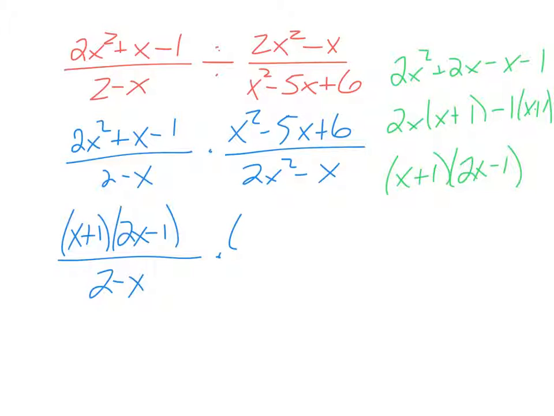Because they have to multiply to give you positive 6. Careful on those multiples of 6. What about the denominator there? All right, so then take out an x and you're left with?